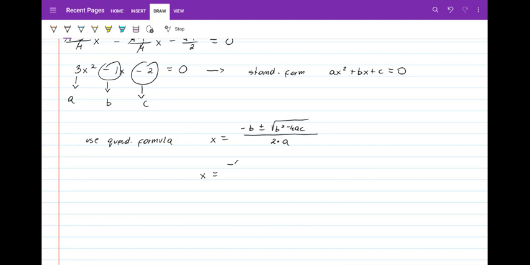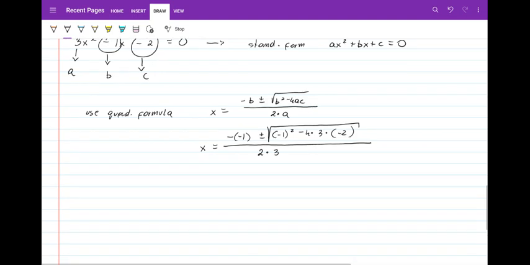Negative b, it's negative 1, plus minus b squared minus 4ac. So we have negative 1 squared minus 4 times 3 times negative 2. So this is under square root. And everything divided by 2 times a, which is 2 times 3. Simplify. Again, I always recommend to simplify the discriminant.